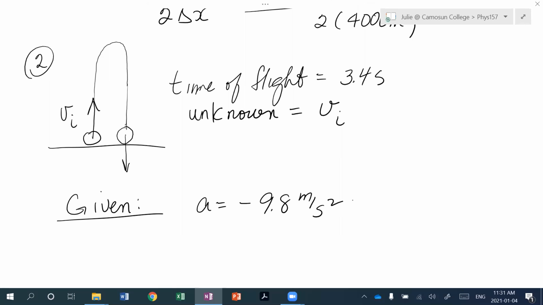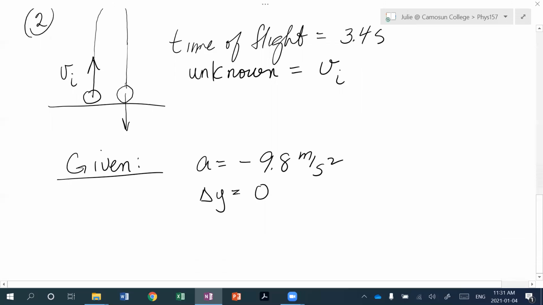Now if we use the full flight up and down, we would also know that the displacement is 0 because it rises and comes back down to the same height. And the time to do that is 3.4 seconds. That's one set of numbers you could use.